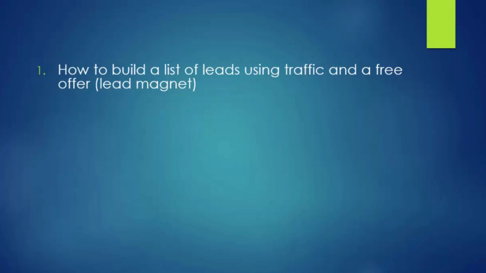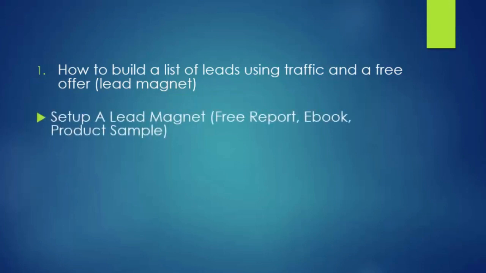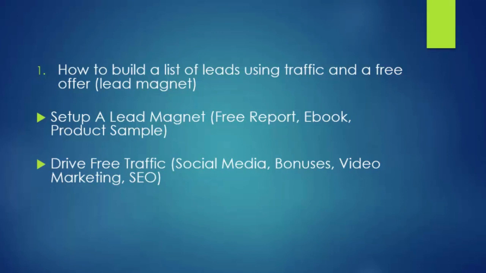Now let's see how we can build a list of leads. First of all, we have to set up a lead magnet: a free report, ebook, or product sample if we are into physical products. Then we have to drive either free traffic or use bonuses.